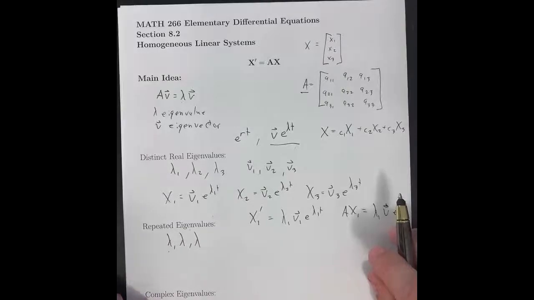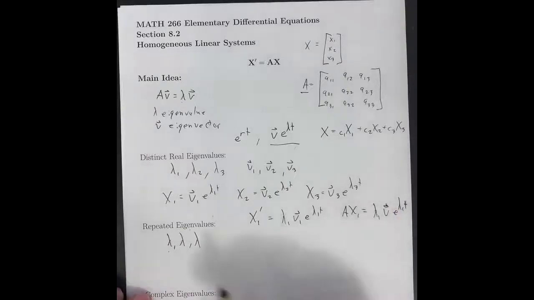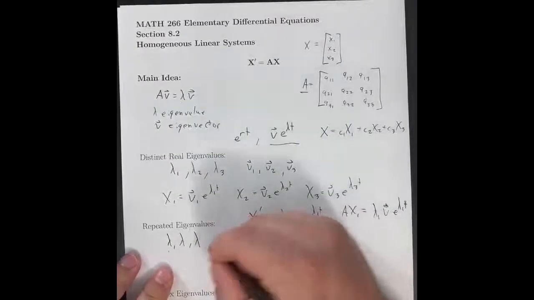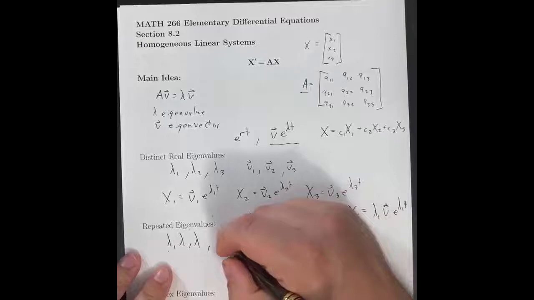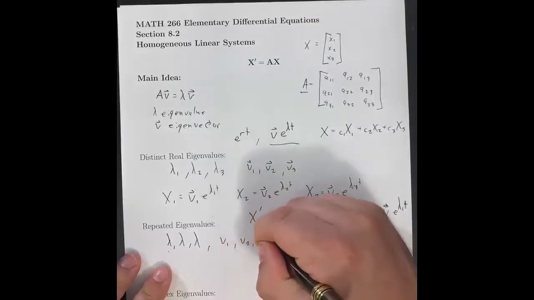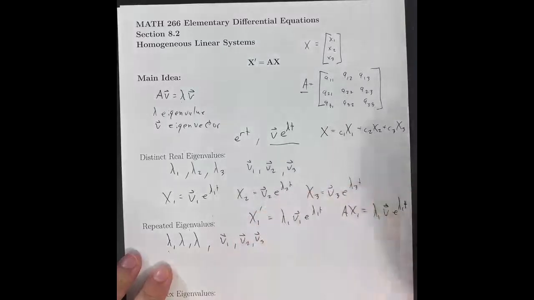In this case, there's a couple of possibilities. One is that this eigenvalue lambda has 3 different eigenvectors, v1, v2, v3, that are linearly independent. In this case, we end up with basically the same solutions.